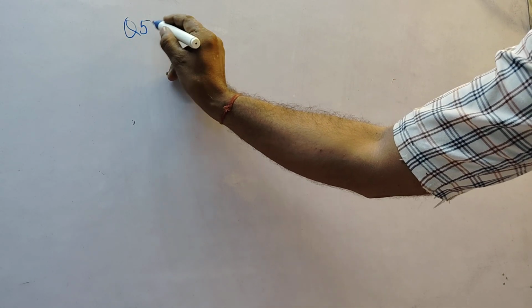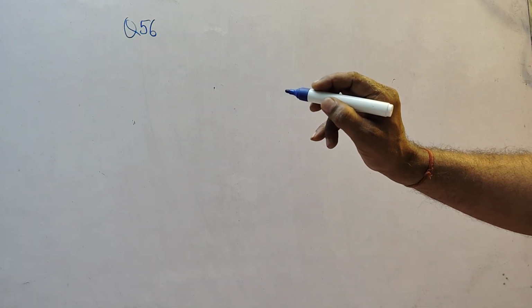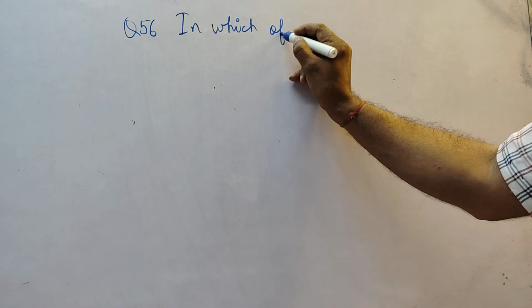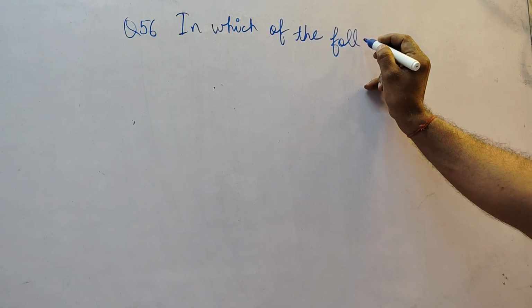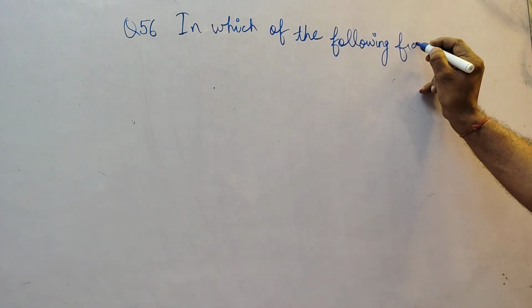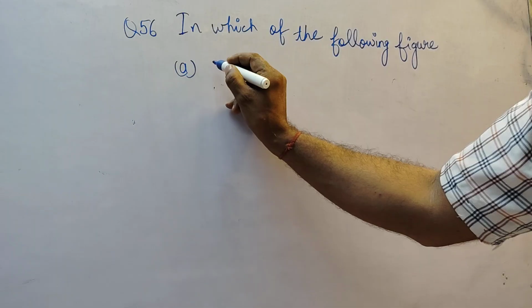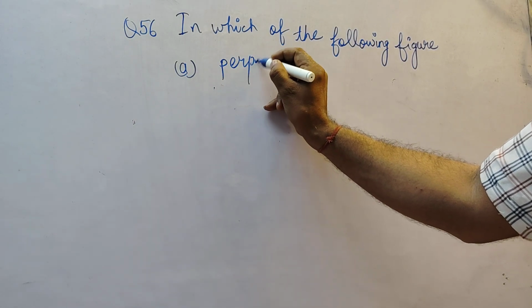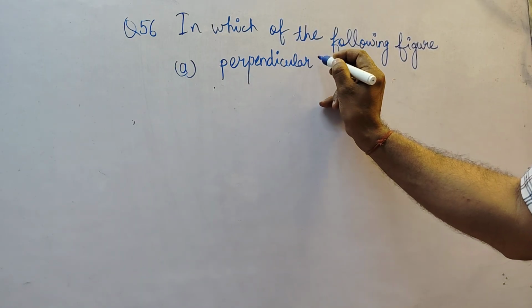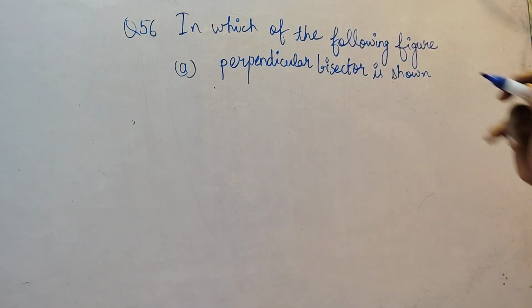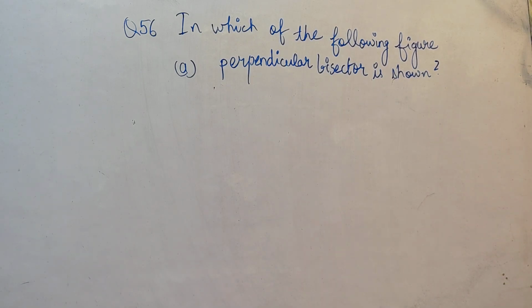Question 56. In which of the following figures is a perpendicular bisector shown?